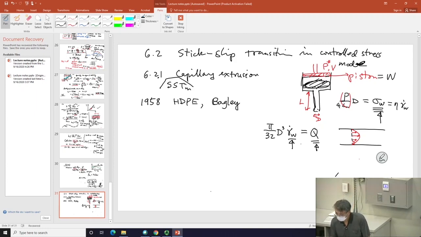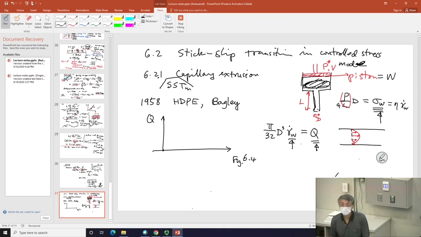And he showed absolutely the first data of its kind. I reproduced this data as figure 6.4, one of the very few literature figures I reproduced in the book. So what you do is you just load up your barrel and you exert a certain pressure and see how much material comes out.